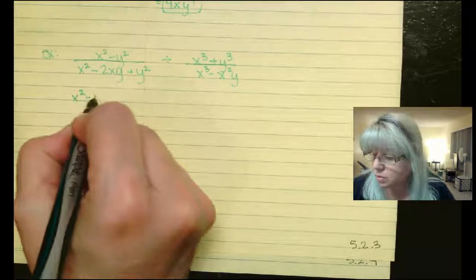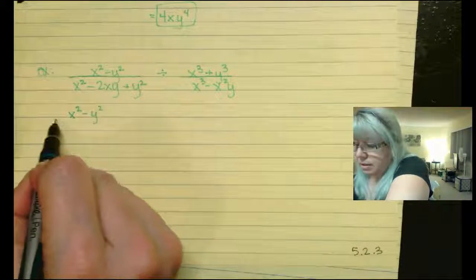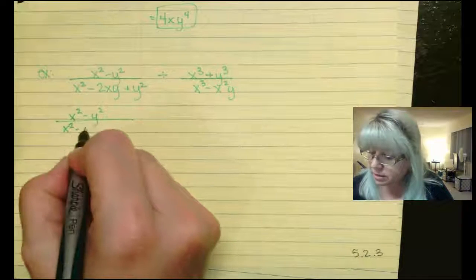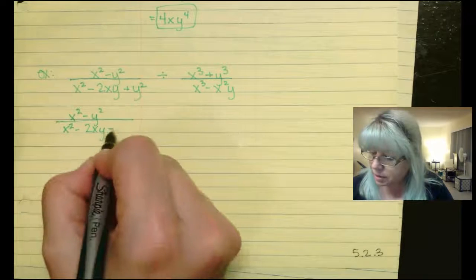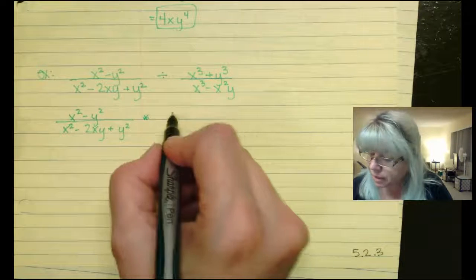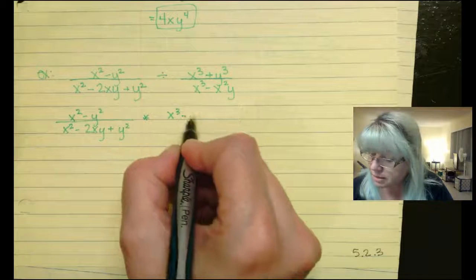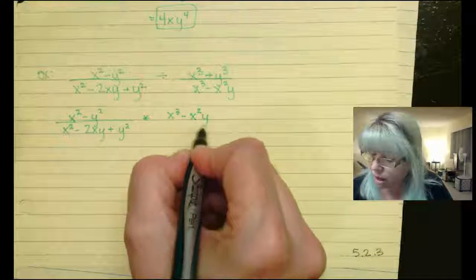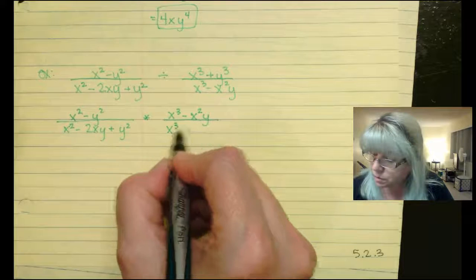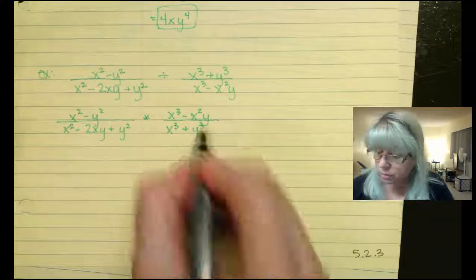X squared minus y squared, oops, sorry about that, all over x squared minus 2xy plus y squared times x cubed minus x squared y all over x cubed plus y cubed.